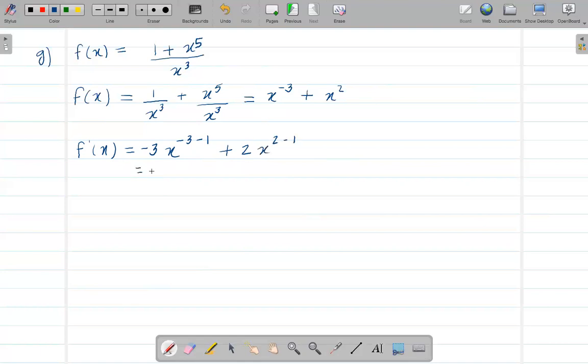So this will give negative 3x to the power negative 4 plus 2 times x, just x, right? x to the power 1 is just x. Also, I can rewrite this: if I move this to the bottom, it will be negative 3 over x to the power positive 4, plus 2x. All right, so now this is the derivative of this function.